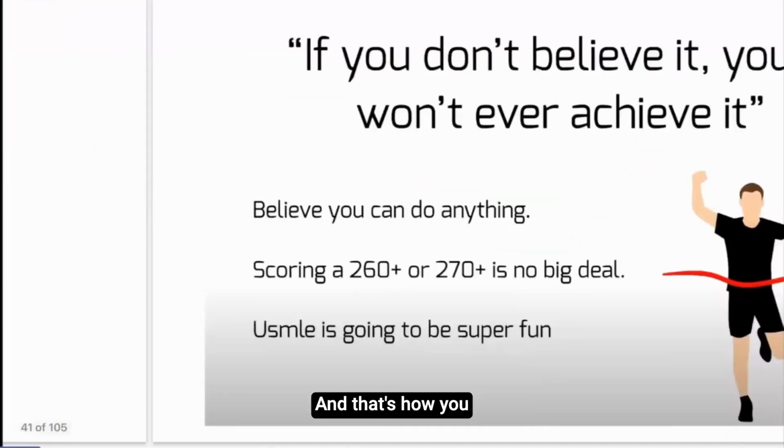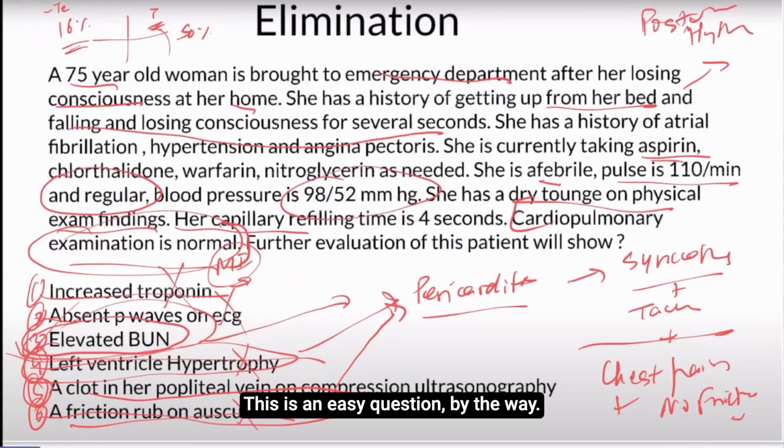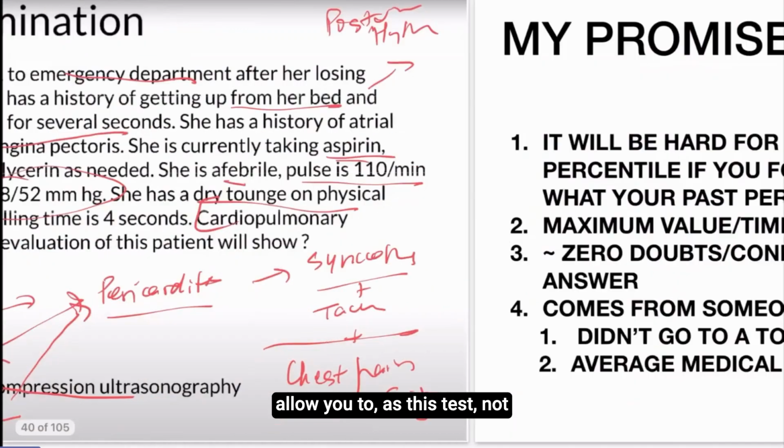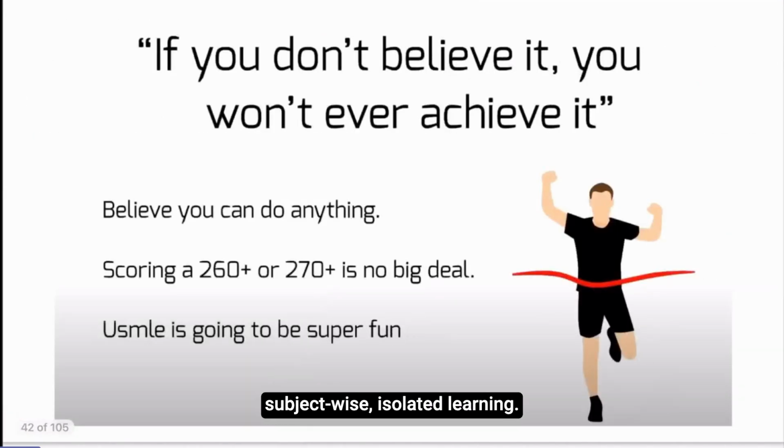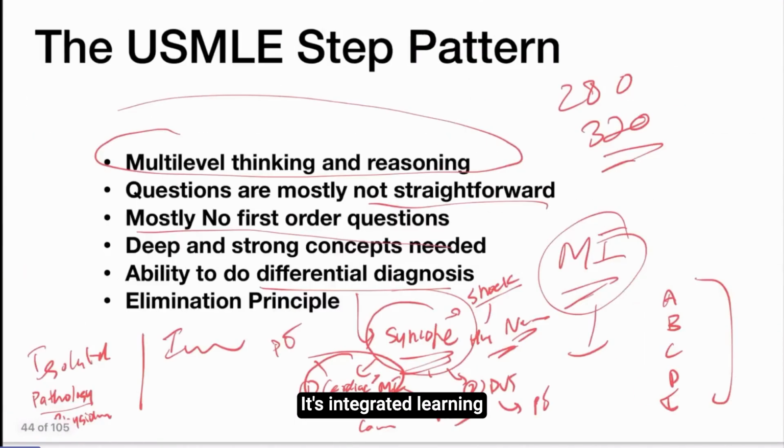That's how you answer questions. This is an easy question, by the way. This is not even hard. Most of the other questions are way harder. So that's what's going to allow you to ace this test: not subject-wise isolated learning, but integrated learning, using elimination, and using it to learn better.